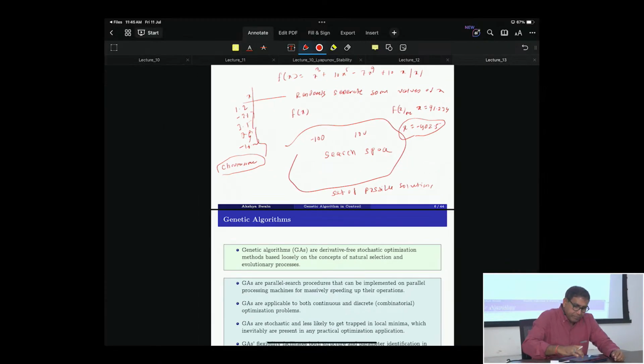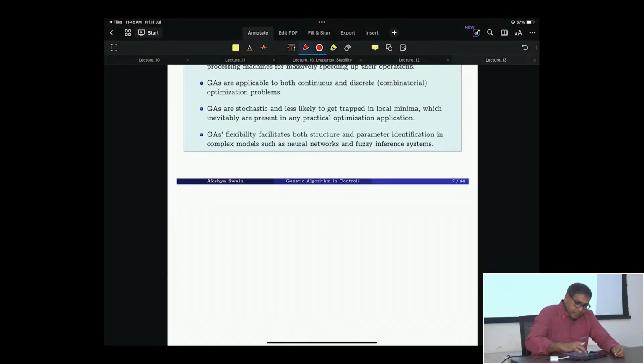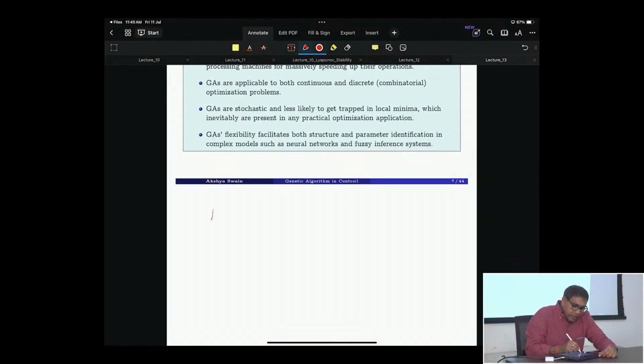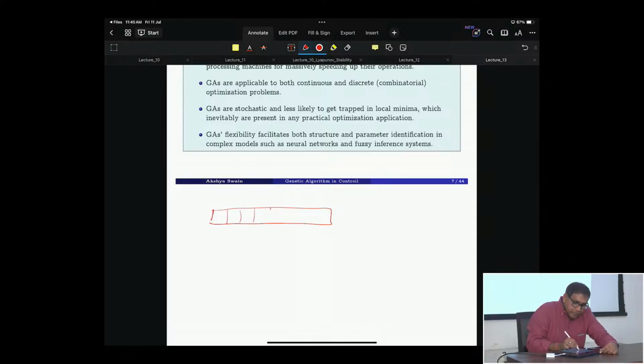See here. Suppose I have got a binary string. One possible solution is 1 0 1 0 1 1 0 1 1 0. So this is one of the possible solutions.